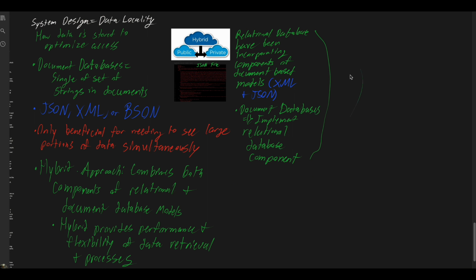So this is called the hybrid approach in our given example, such as the joins example that we talked about from document-based models right over here, and public and private over here, our JSON file. Let me just underline this part.